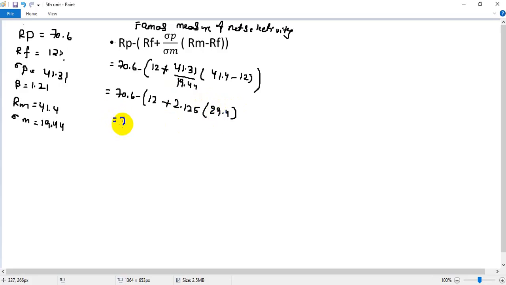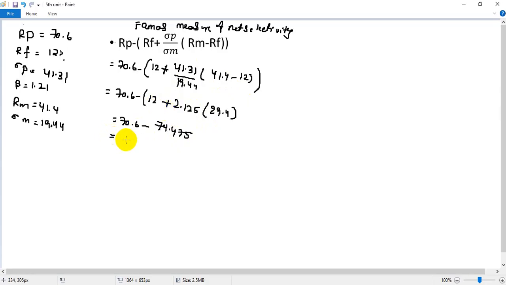If you multiply it with 2.125, it will be 62.475. Plus 12, it will be 74.475. So you need to subtract this, divide this, then multiply them and add this back.